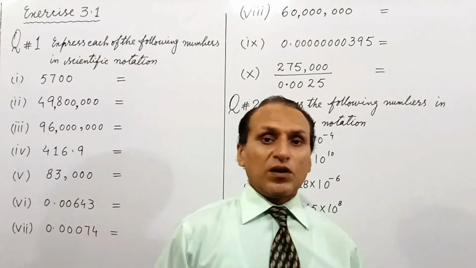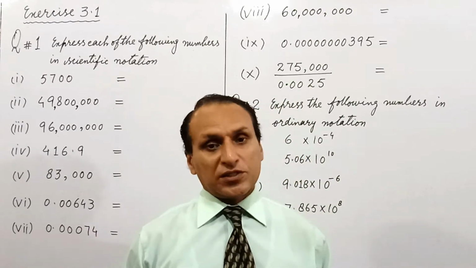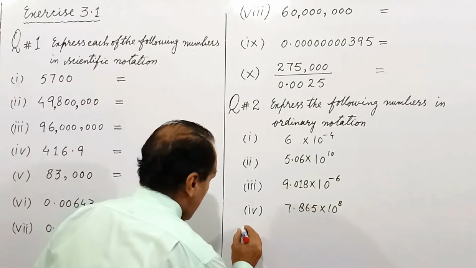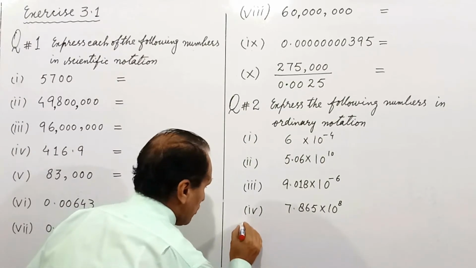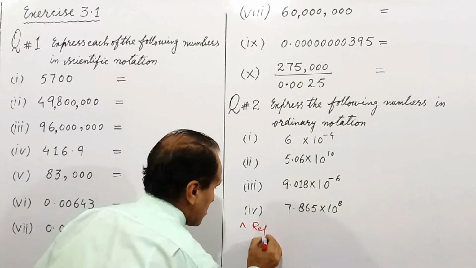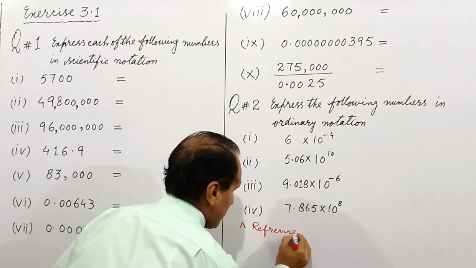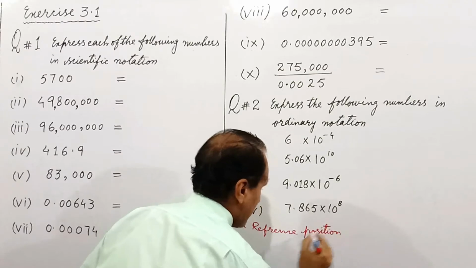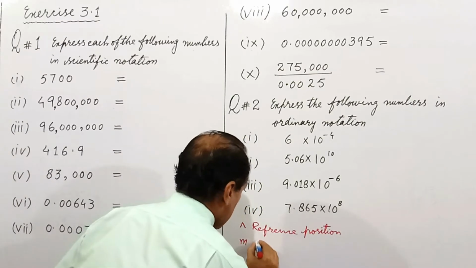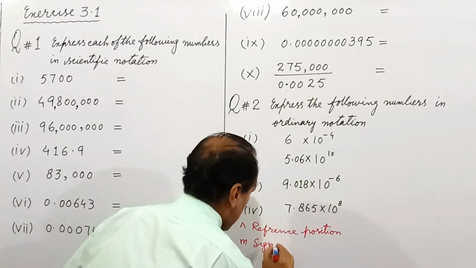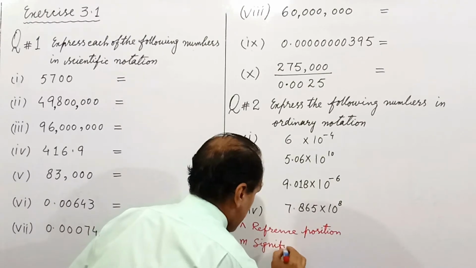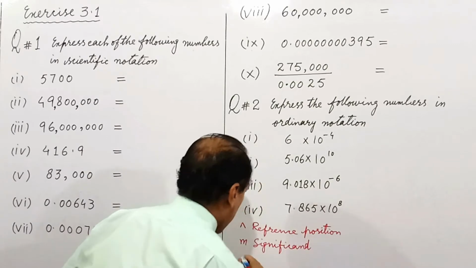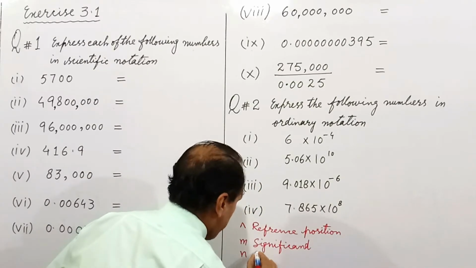So let's recall a few things discussed in that lecture. The symbol used is called the reference position. M is the significand and N is the power.